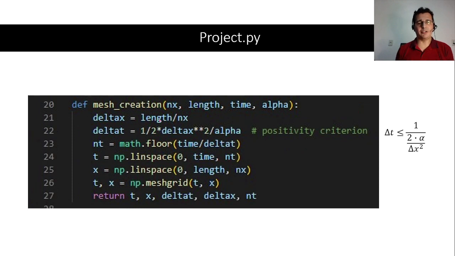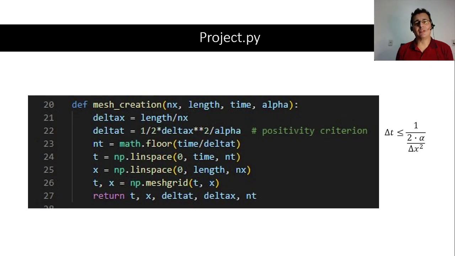First, we have the mesh creation that receives nx, length, time, and alpha. This function calculates delta x, after delta t, and delta t is calculated by the positivity criterion, that is 1 divided by 2 times delta x squared, divided by alpha.